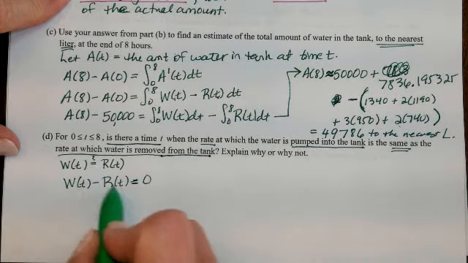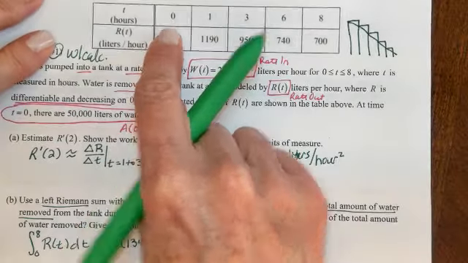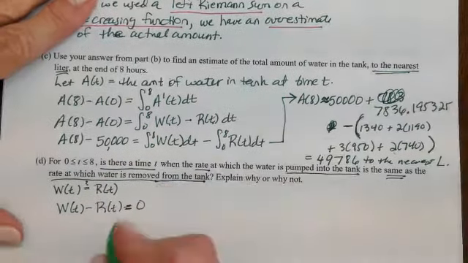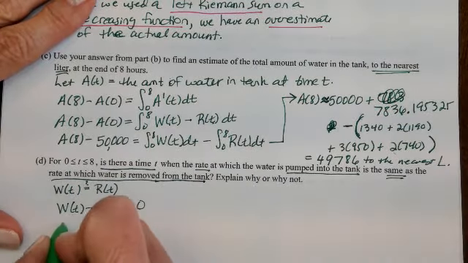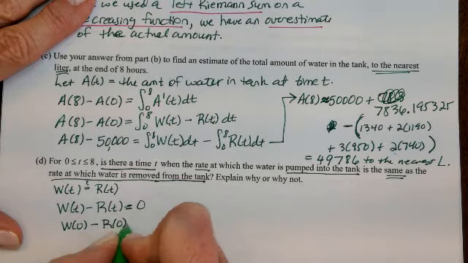I thought, okay, let's see what this is at time 0, and let's see what it is at time 8. So at time 0, W of 0 minus R of 0.